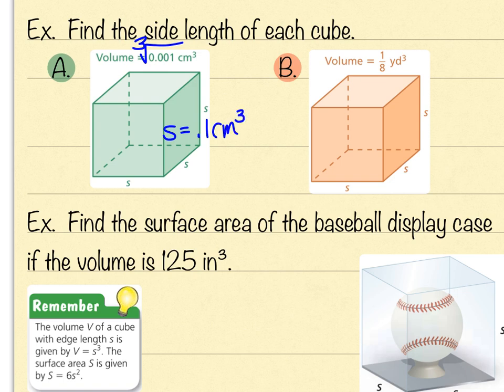That's because 0.1 times 0.1 times 0.1, remember I've got 3 decimal places, will give me 0.001. And the next one, I'm going to cube root my fraction of 1/8, which is going to give me 1/2, because I'm just cube rooting the top number, which is 1, and cube rooting the bottom number, which is 2. So 1/2 of a yard.